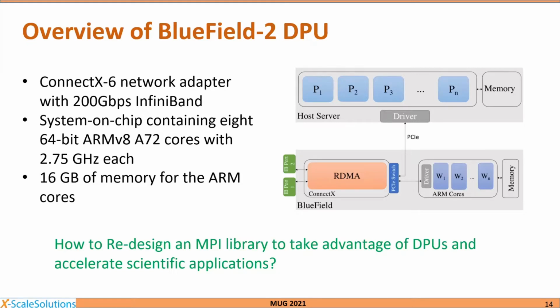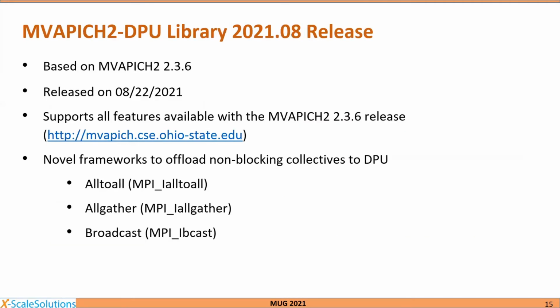So how do we redesign the MPI library to take advantage of this resource? Just last weekend, we released the latest version of the MVAPICH DPU library. All features available in the MVAPICH standard open source release are supported and compatible.